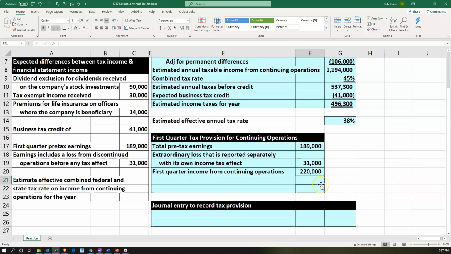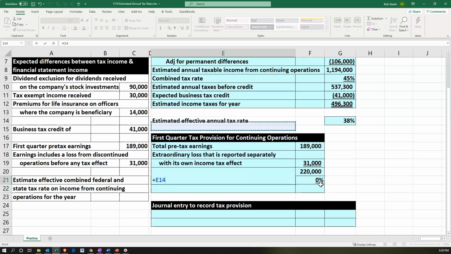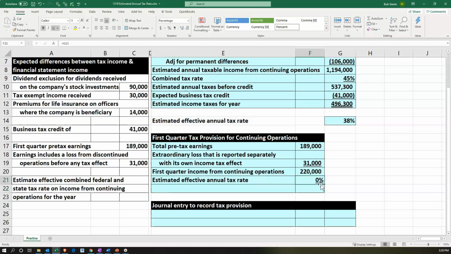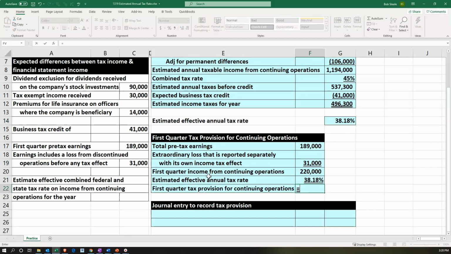Then we're going to be taking our rate that we came to up above, the estimated effective annual tax rate. And this should be a percent. I missed it here. 38%. This might be rounded, by the way, as well. That's rounded. So just be aware of the rounding. And then we have the first quarter tax provision for continuing operations. So that's going to be equal to the 220,000 times the rate.